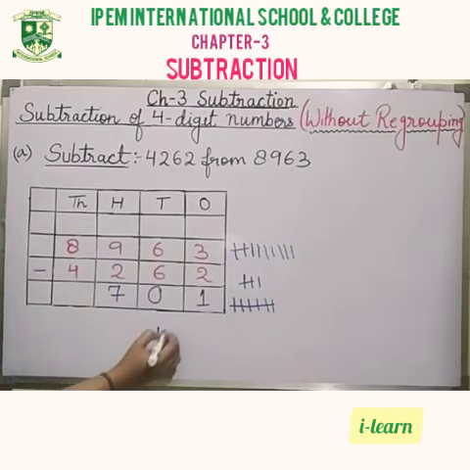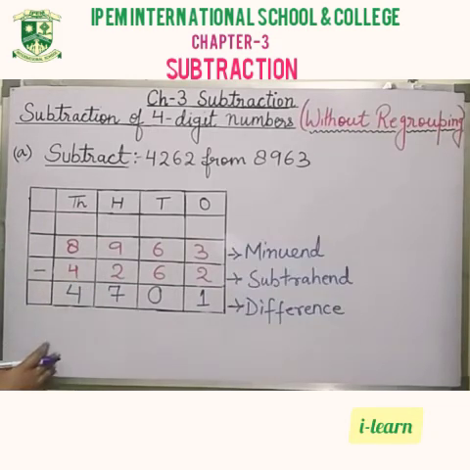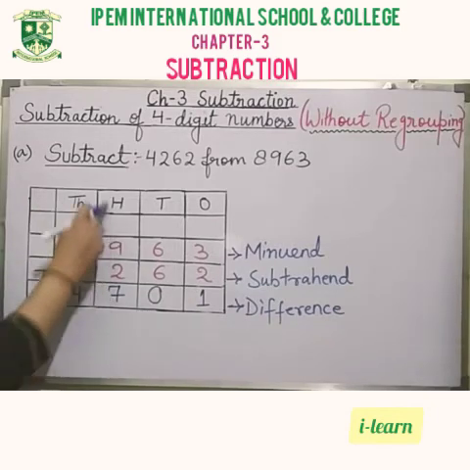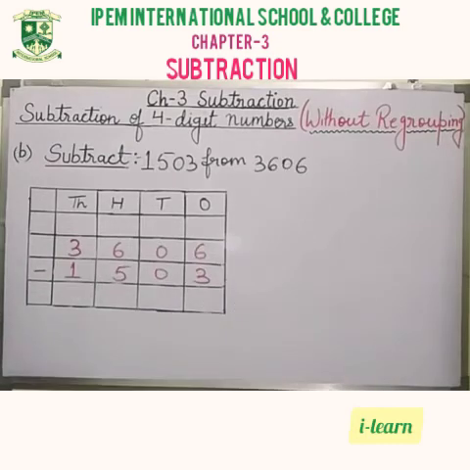So we will draw 8 lines. 1, 2, 3, 4, 5, 6, 7, 8 and strike 4 lines. So we are left with the number 4. So what do we get after subtracting these two numbers? We get 4,701 and this is called the difference.